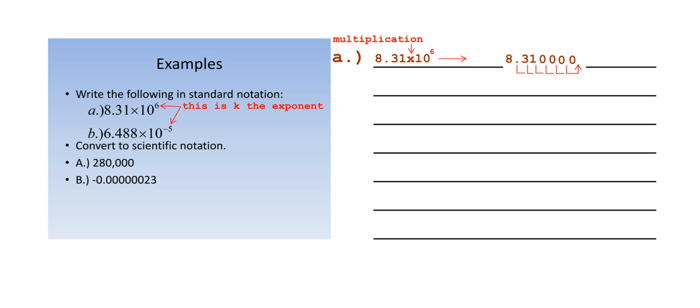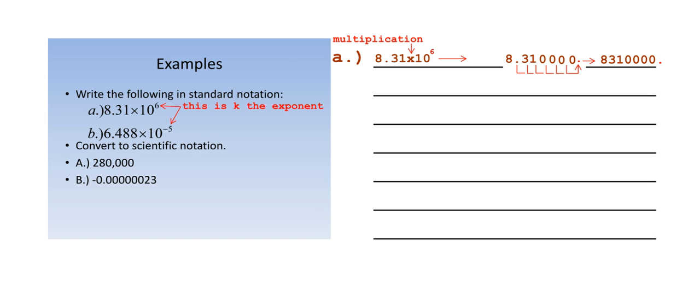So that's where our location for our decimal point is finally, after moving it 6 places. And we can see that once we finish moving the decimal point, we get a number that's significantly bigger than 1. So hence the positive exponent. So let's get rid of the decimal point between the 8 and the 3, because now its location for standard notation is at the very end.